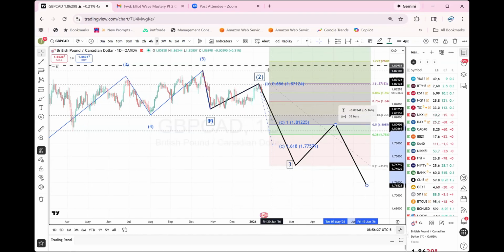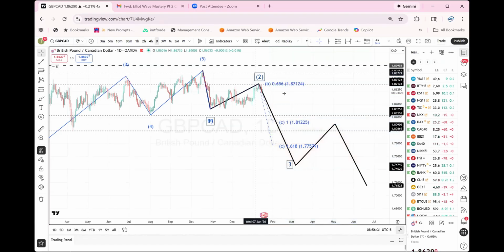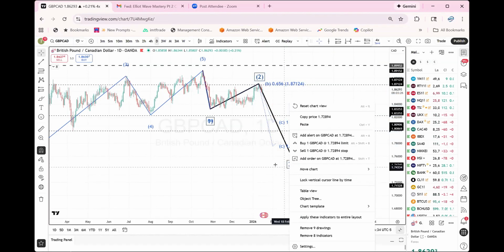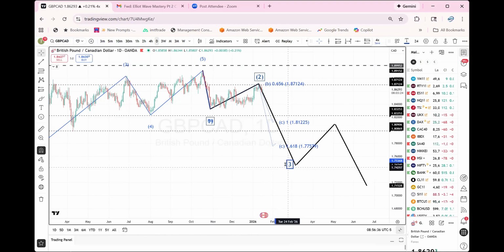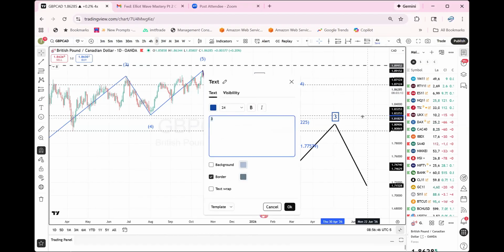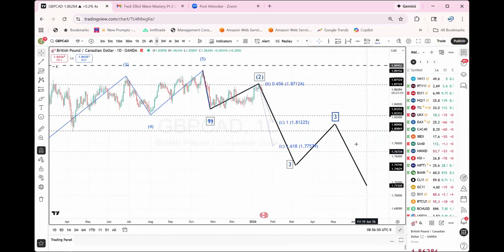So this is a lot of information to absorb, but you could go through the recording and trace through this. This is my forecast for this instrument of this completely reversing into a bearish Elliott wave pattern.